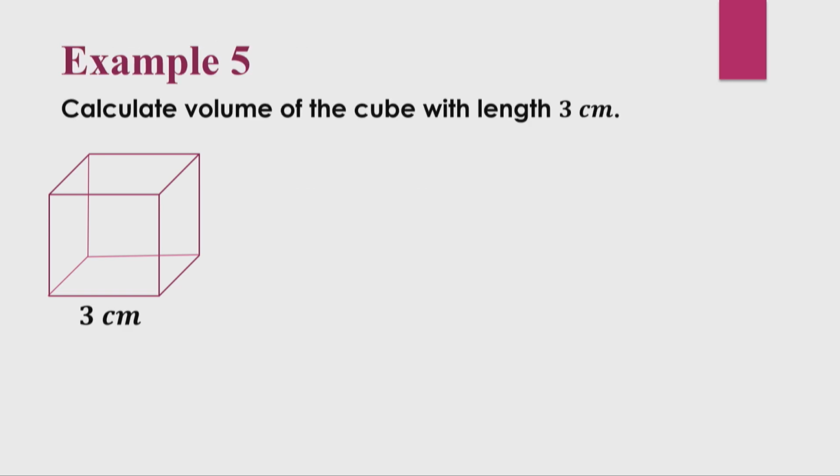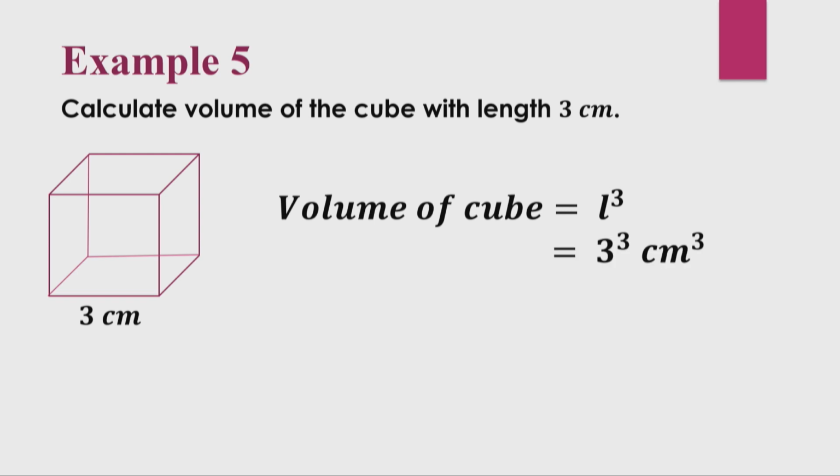For example, calculate the volume of the cube with length 3 cm. Volume of cube is equal to L cube, which is equal to 3 cube centimeter cube. Evaluating this, we get 27 centimeter cube.